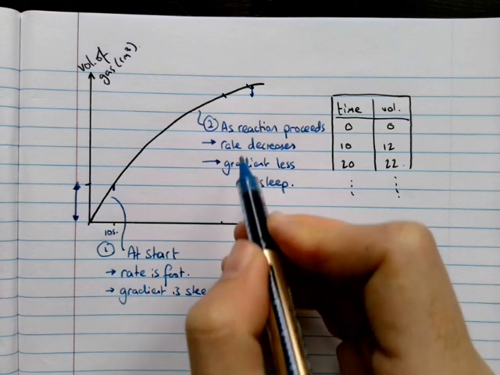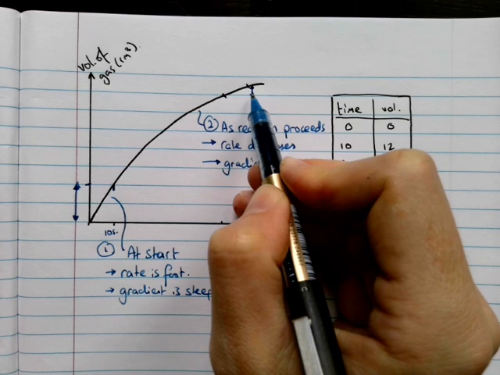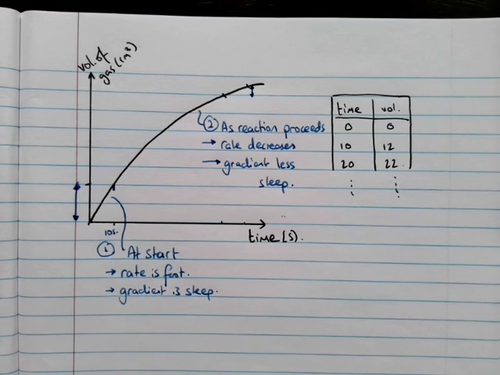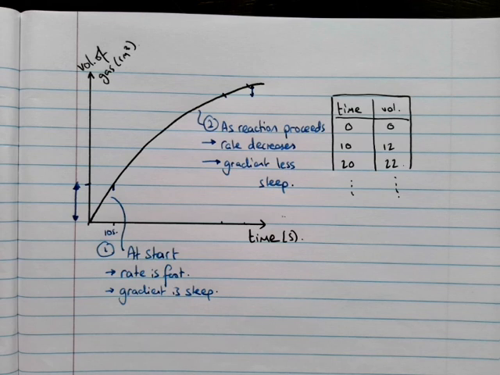It's the same amount of time, but the amount the graph has gone up by is much, much smaller. So the rate is decreasing. I'm producing less gas as I go along. If you didn't quite catch that, you just pause the video, go back and watch it again.